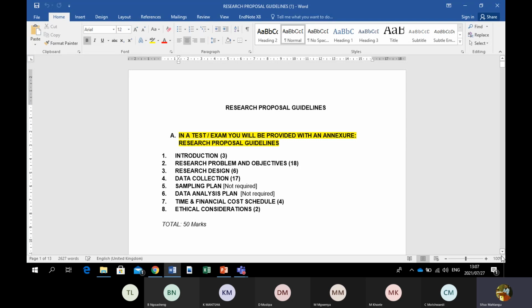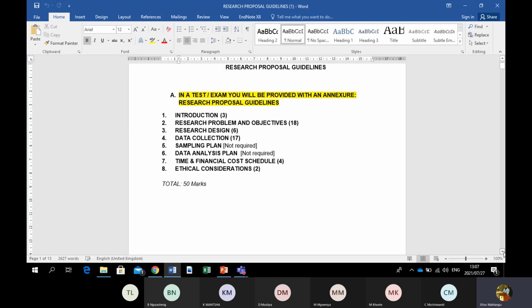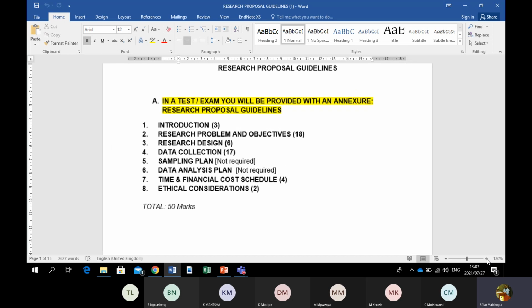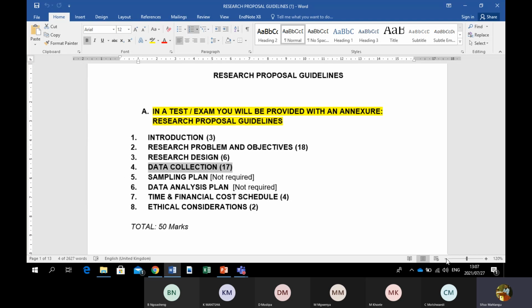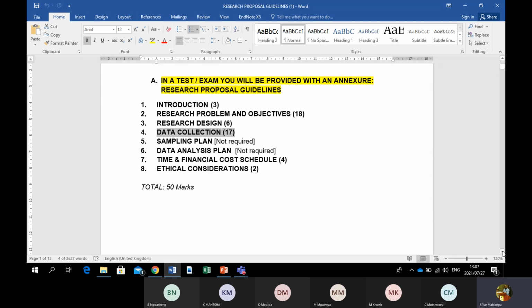You will see the guidelines that we follow for the research proposal from 1 to 8. We have covered introduction, research problem, research design. We are in step 4, data collection. So let's quickly look at the items under data collection.